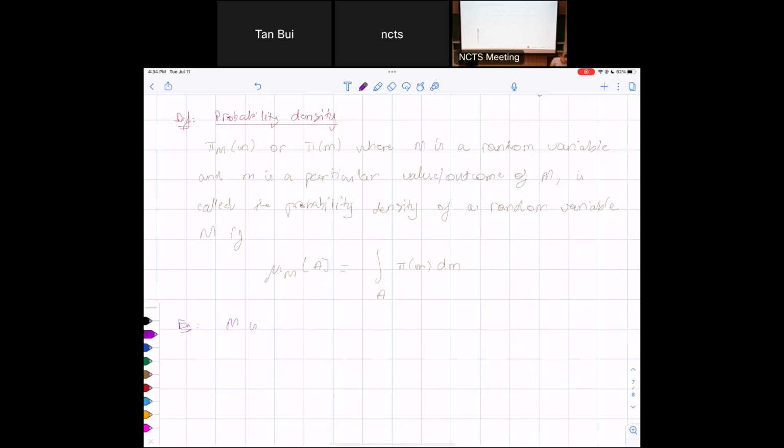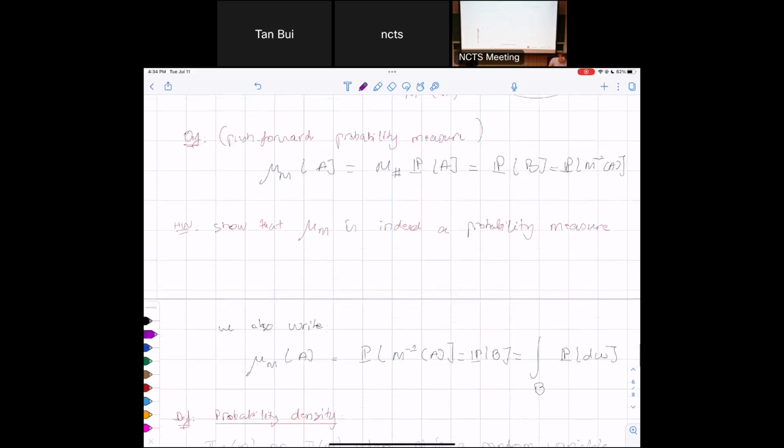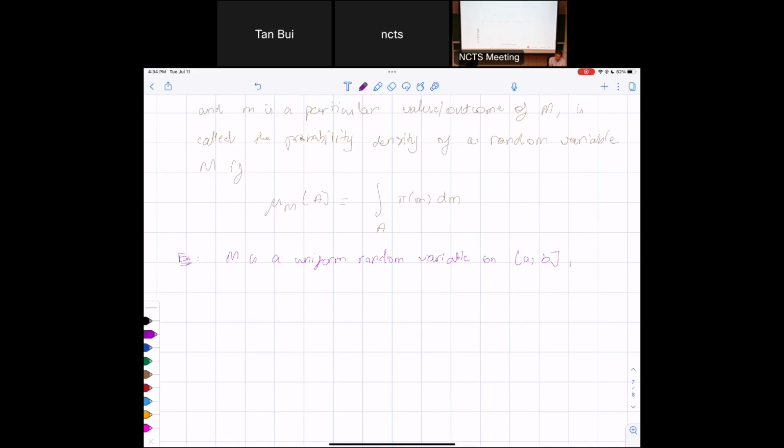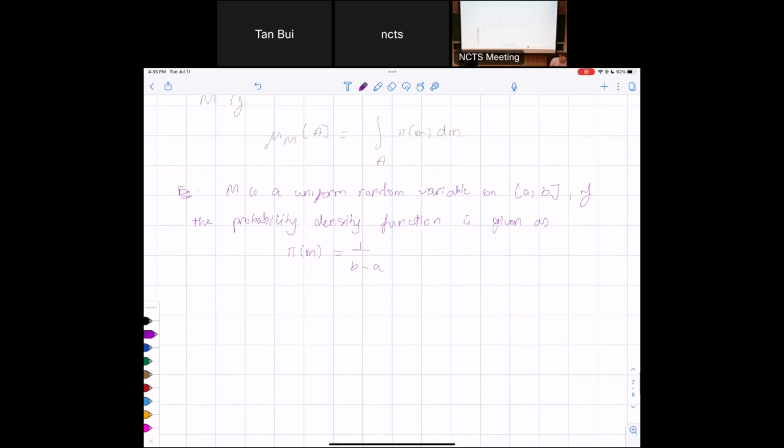M is a uniform random variable on A B. It's called a uniform random variable if the probability density function is given as pi M equal to 1 over B minus A.